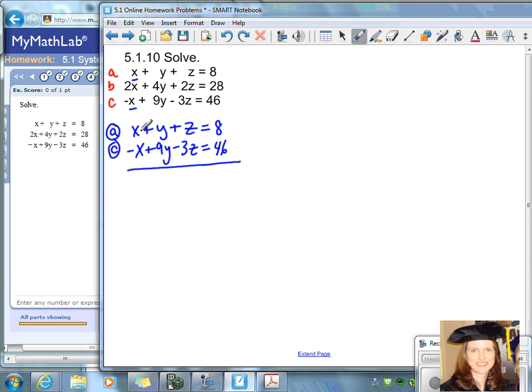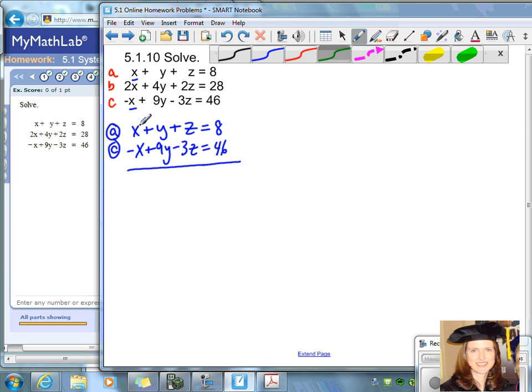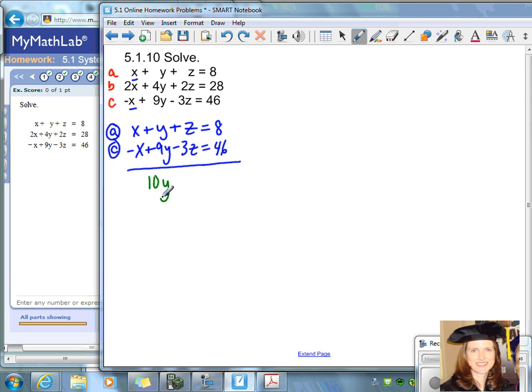When you take a positive x with a negative x, you get 0. 1y plus 9y is 10y. The plus z and a minus 3z is minus 2z. And 8 plus 46 is 54.